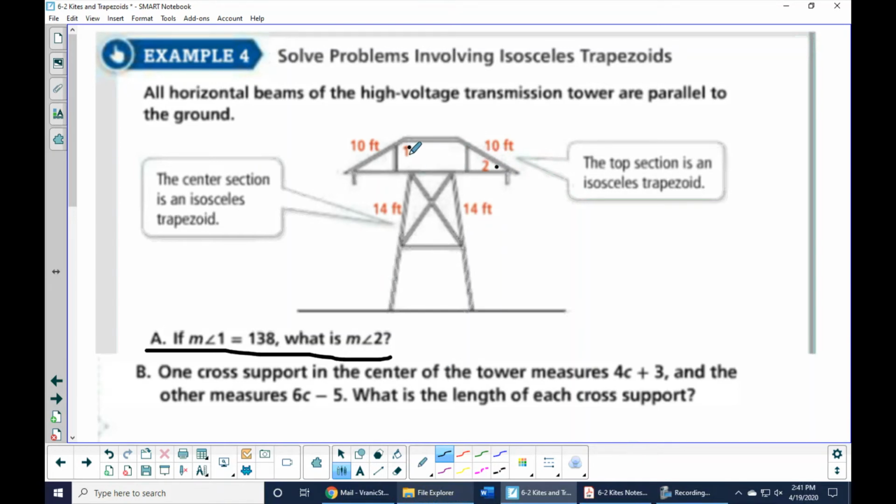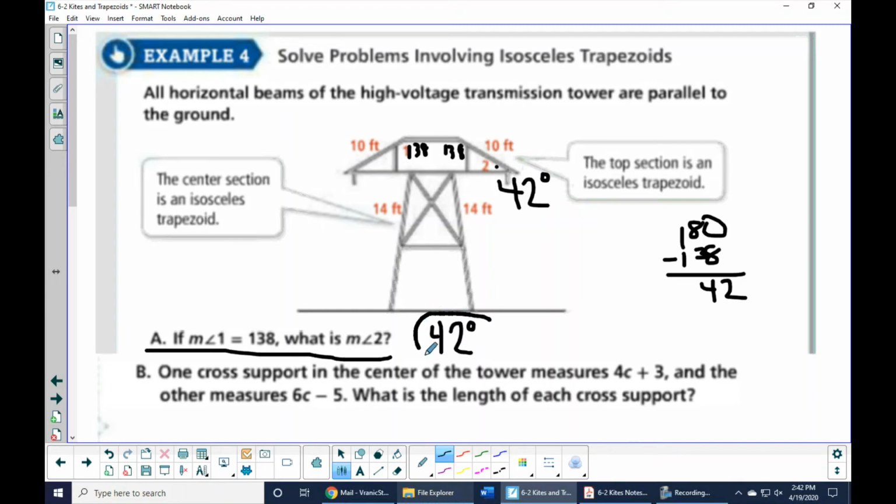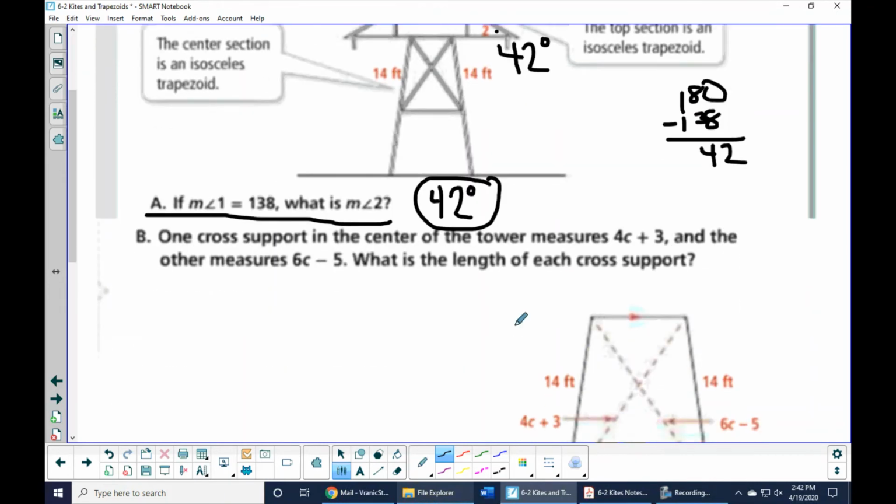Well, if this is 138, then this is 138, and then to find angle 2, 180 minus 138 gives us 42 degrees.